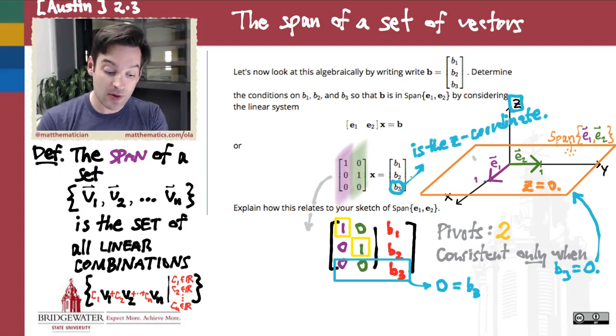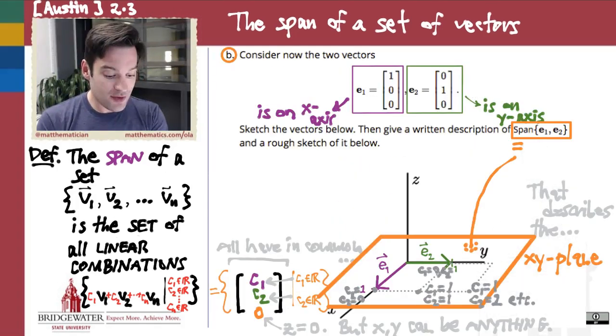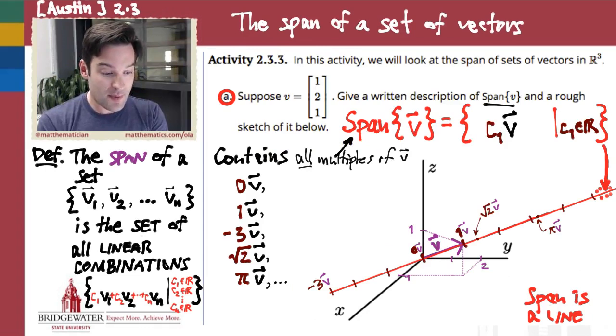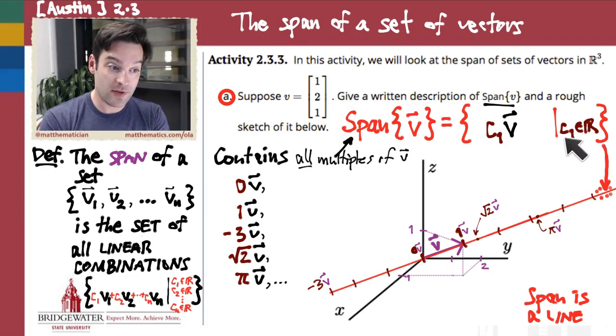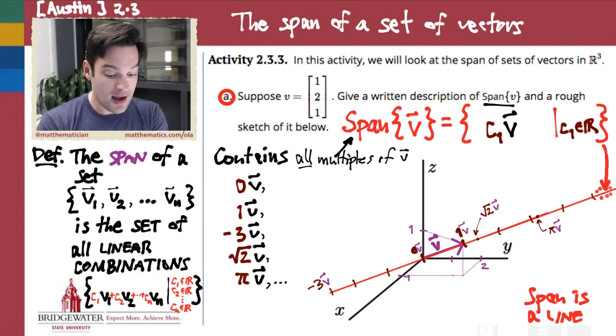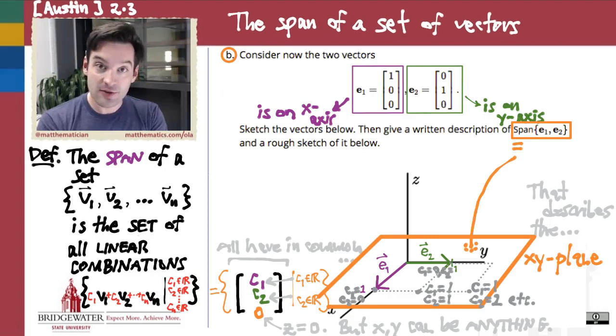In our first example, we had a single vector, and the span of that single vector turned out to be this entire line, with the value of this parameter telling me how far and in which direction along that line we're going. And then likewise, here we had 2 vectors, and in this example, the span of my set of 2 vectors was an entire plane, namely the xy plane, sitting inside of 3 dimensions.